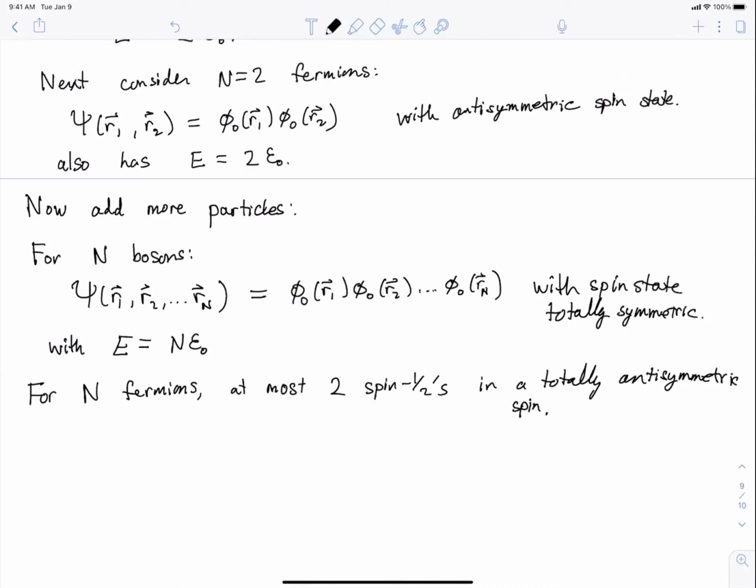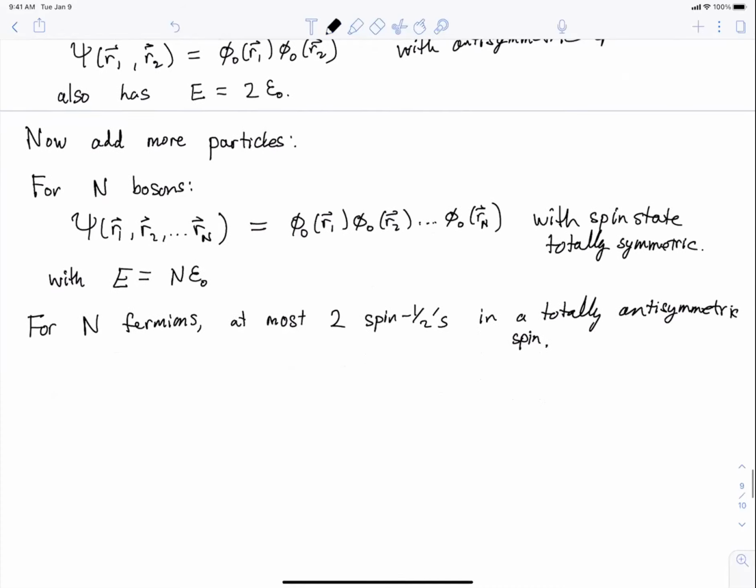Okay, so if I'm going to find the ground state energy, 2 fermions can be chosen to have the state phi0, and they will necessarily be in a spin 0 state.